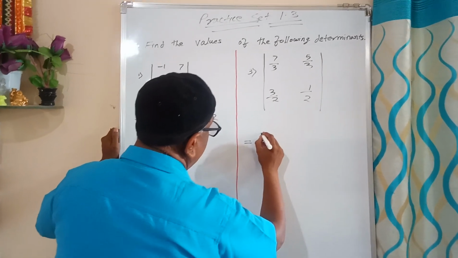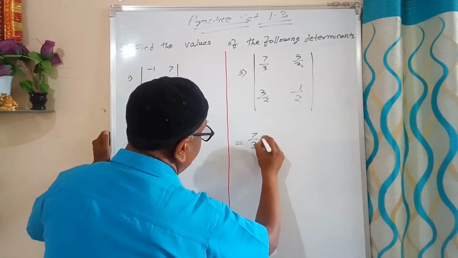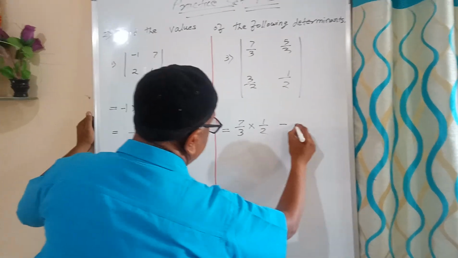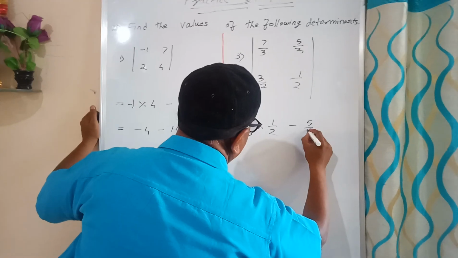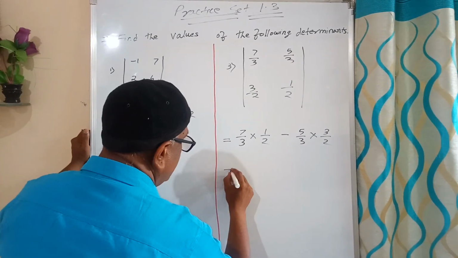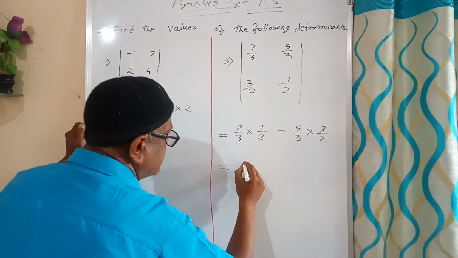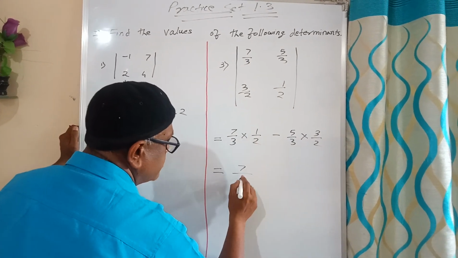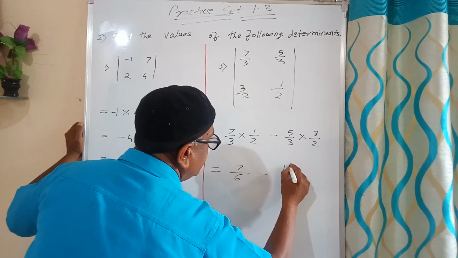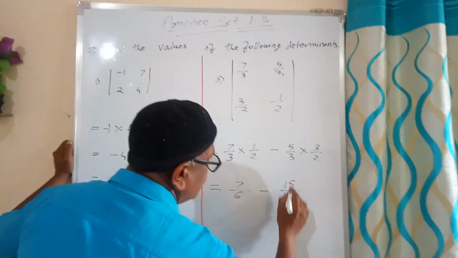While solving the determinant, that is 7 upon 3 into 1 upon 2 minus 5 upon 3 into 3 upon 2, which is equal to 7 ones are 7 upon 3 twos are 6, minus 5 threes are 15 upon 3 twos are 6.